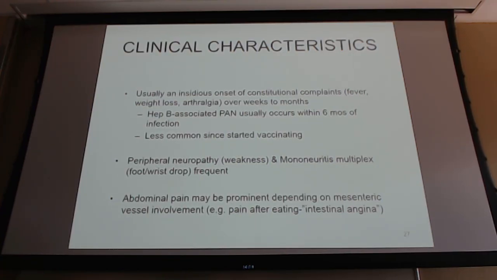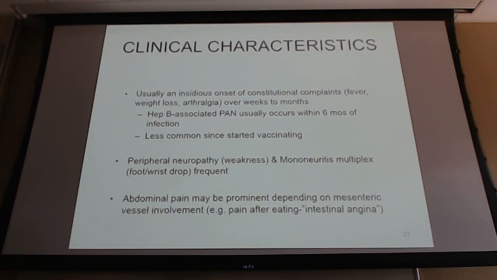Mononeuritis multiplex, so they get that foot or wrist drop. So they can't hold it up because the radial nerve or those other nerves are acting up. Sciatic. Abdominal pain may be prominent depending on mesenteric vessel involvement. Again, intestinal angina, so that eating stuff.